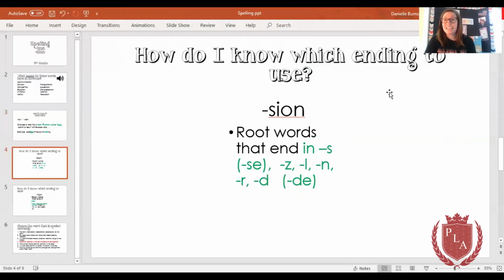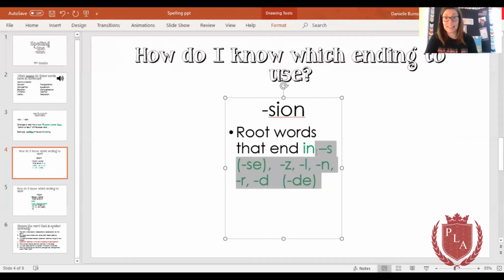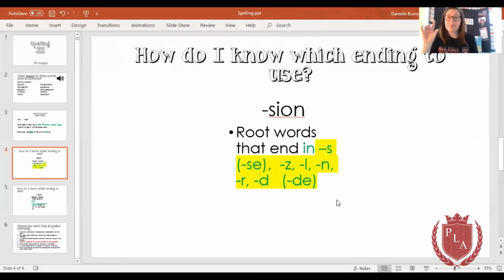Let's look at the first ending. The first ending we're going to look at is sion. When you see a root word that ends in these letters, let's make them yellow, that means we need to add sion and not tion.